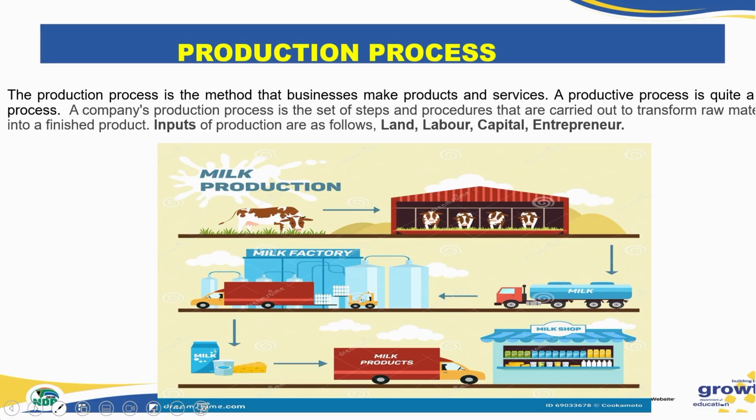A company's production process is the set of steps and procedures that are carried out to transform raw materials into finished goods. Remember the word production process. It's a process. What do you do to produce? There are things involved when you are doing production. You don't just go quickly to the end product.